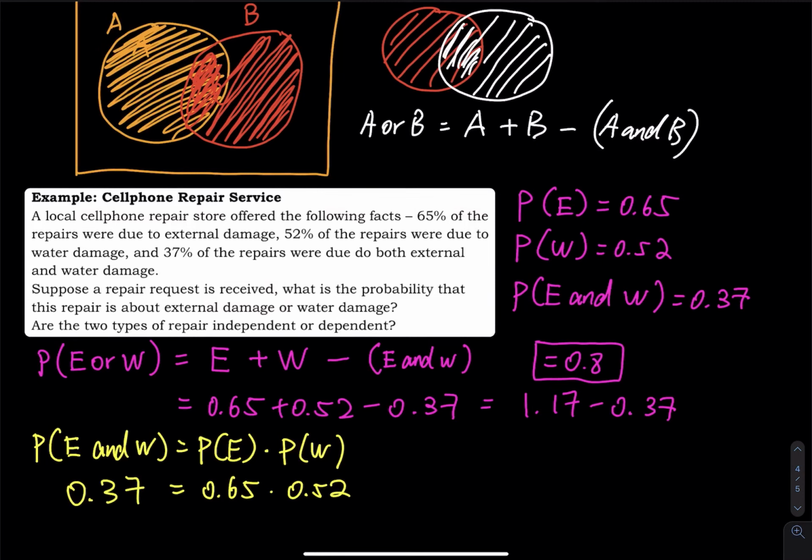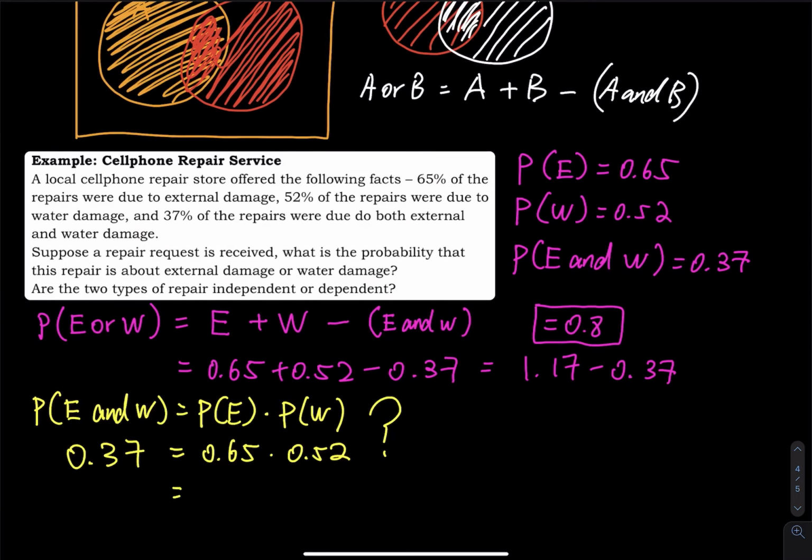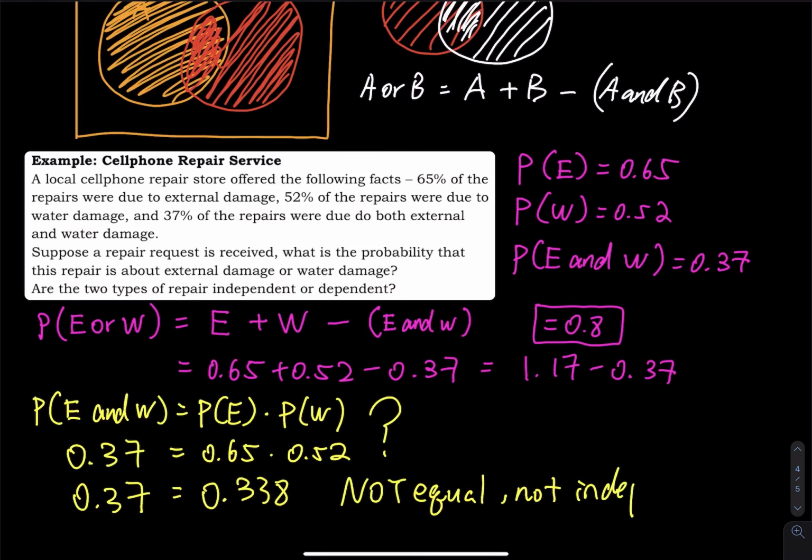My question is, are they equal? If they are equal, then they are independent. Otherwise, they are not independent. So 0.65 times 0.52 equals 0.338. The other side is 0.37. They are not equal. That means they are not independent. Not independent means they are dependent. So that's how you answer this question.